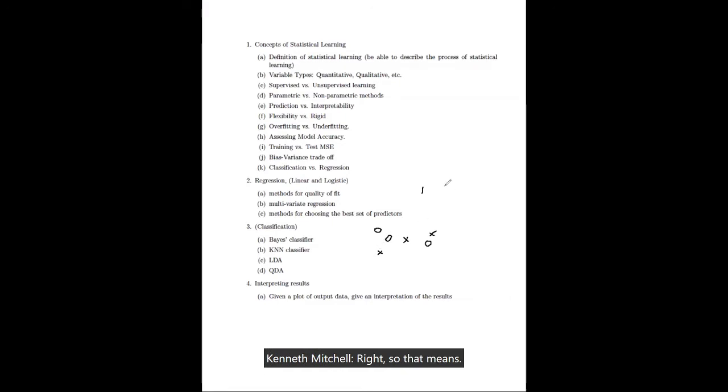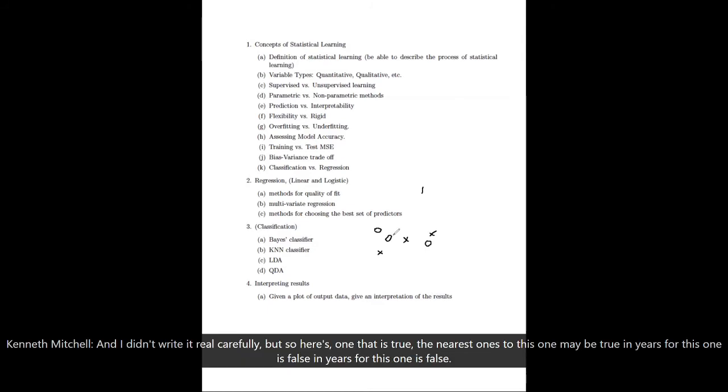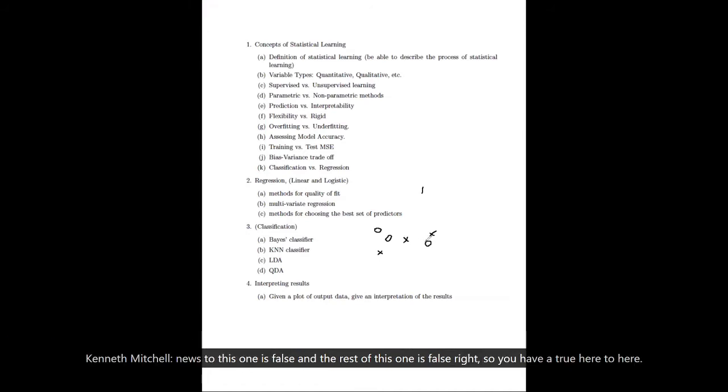So this one is closest to this one. The nearest ones to this one may be true. The nearest for this one is false. The nearest for this one is false. The nearest to this one is false. The nearest to this one is false, right? So you have a true here to here.